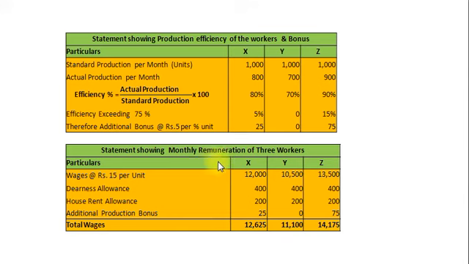And total monthly remuneration payable to labor X amounts to rupees 12,625, Y amounts to rupees 11,100 and Z amounts to rupees 14,175.